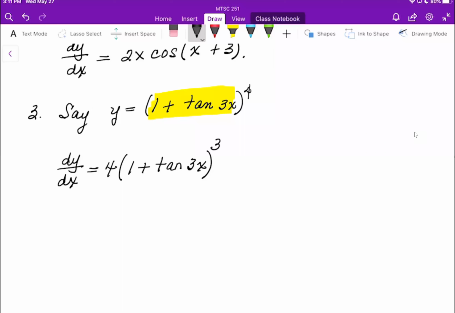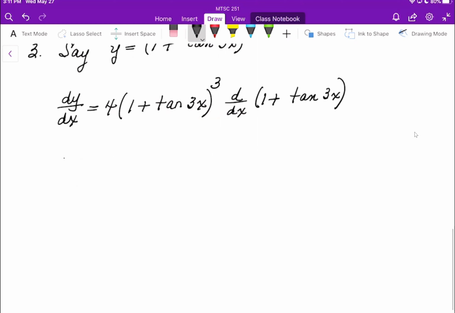So now we've taken the derivative of the outside function. So now we have to take the derivative of the inside function. And the derivative of the inside function is the derivative with respect to x of 1 + tan 3x.